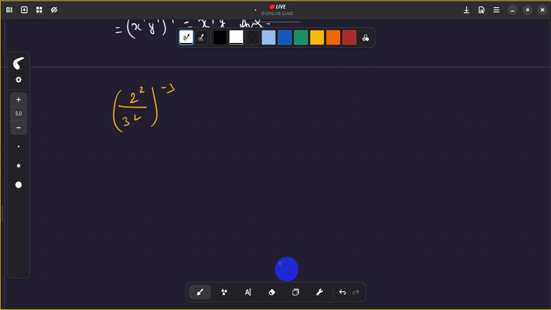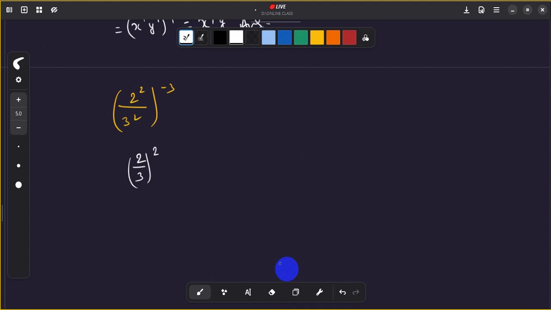So we can write 2 over 3 whole power 2. Power 2 is common for both numerator and denominator, so we can write 2 over 3 whole to the power 2.